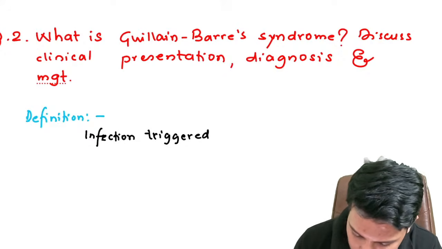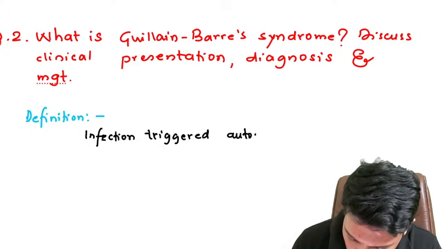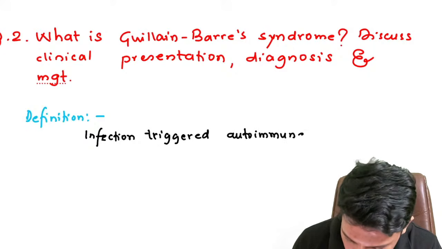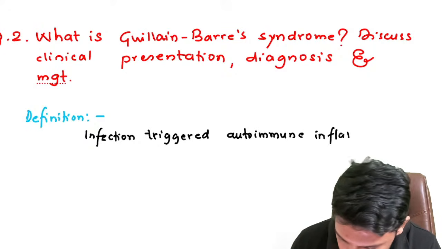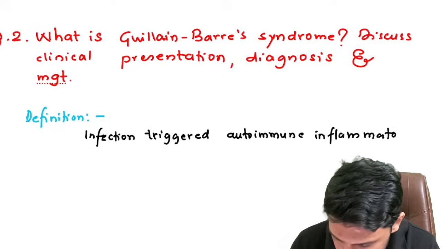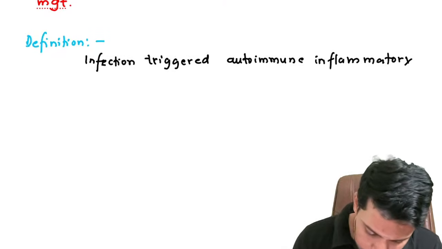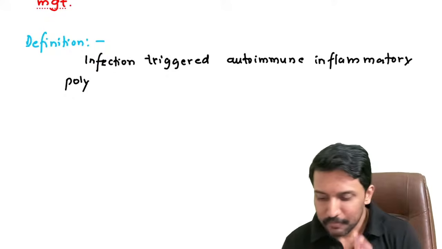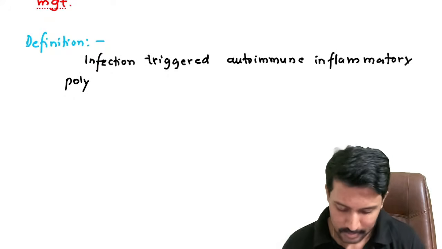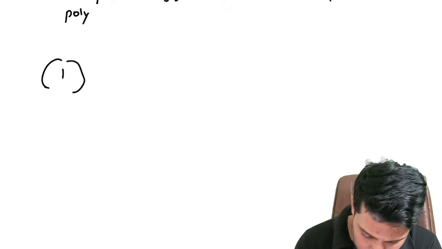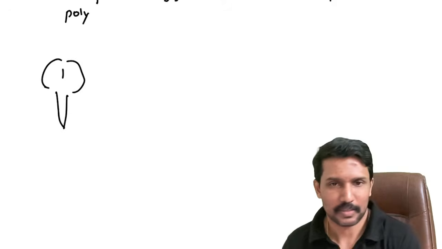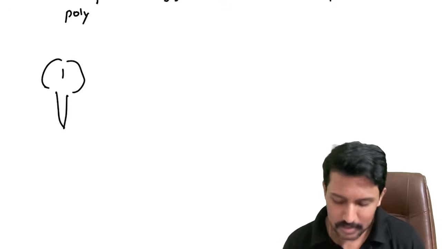So it is an infection triggered autoimmune inflammatory disorder. And when I'm talking about a peripheral nervous system disorder, remember you have a central nervous system that includes brain and spine. Brain and spinal cord is CNS.